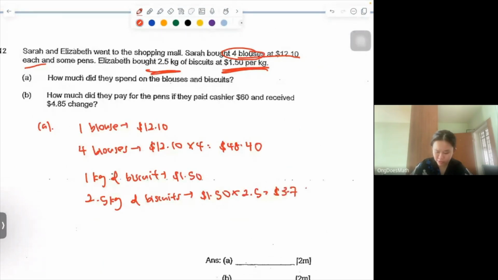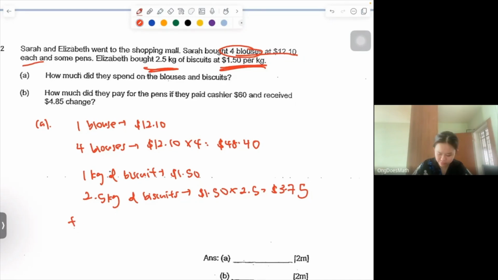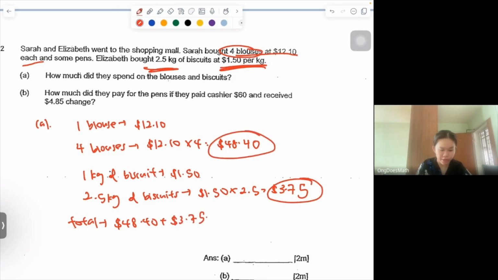So just punch into your calculator. So how much did they spend on blouses and biscuits altogether? Total is equal to $48.40 plus $3.75. Punch into your calculator. You should get $52.15.